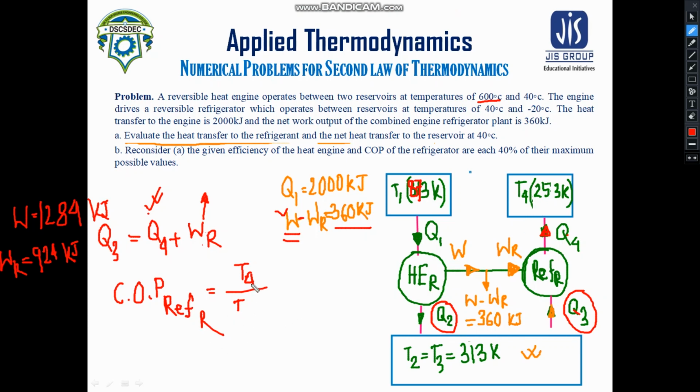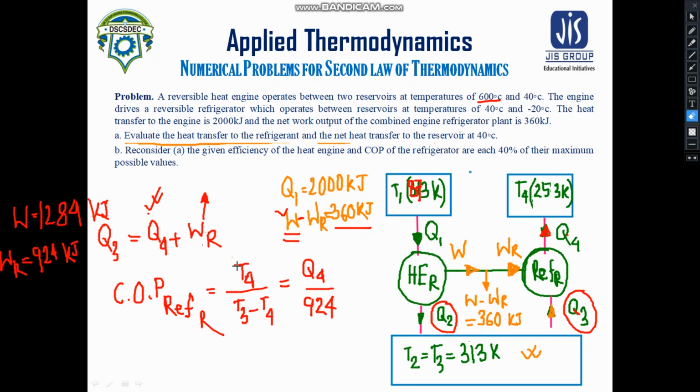So you need to write down T4 here, and it will be T3 minus T4, and this is nothing but Q4 divided by the work input. So you can write this Q4 by WR, and now you know the value of WR, which is 924 kilojoules.